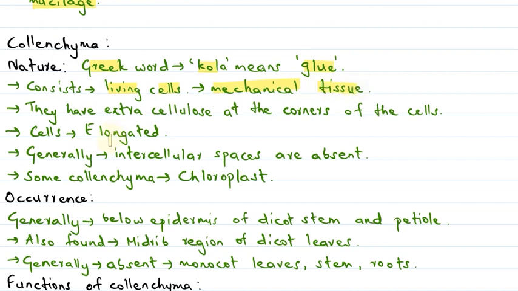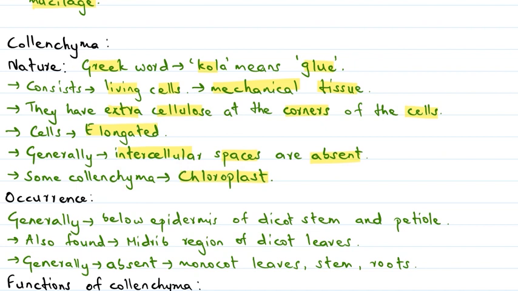Collenchyma tissues are similar to parenchyma tissues, with the exception that the cells of Collenchyma tissue have extra cellulose deposition at the corners of the cells. The cells of Collenchyma tissues are elongated. Generally, intercellular spaces are absent in Collenchyma, and some Collenchyma have chloroplasts.